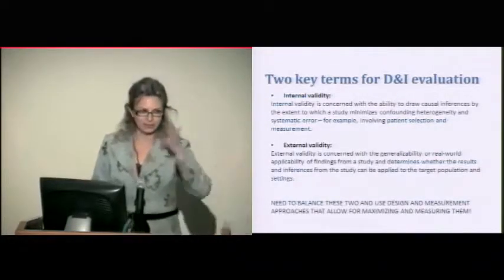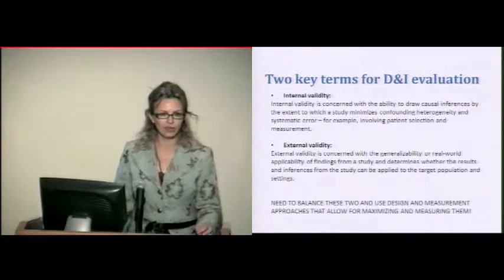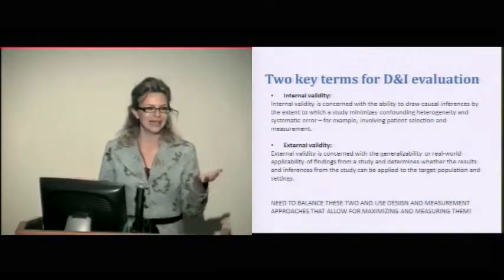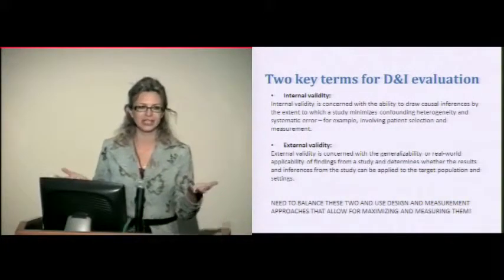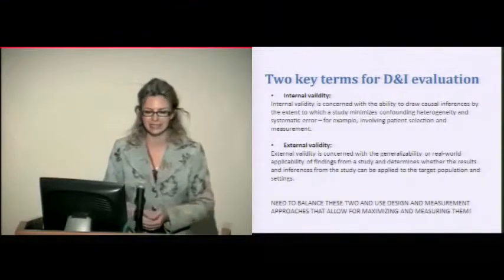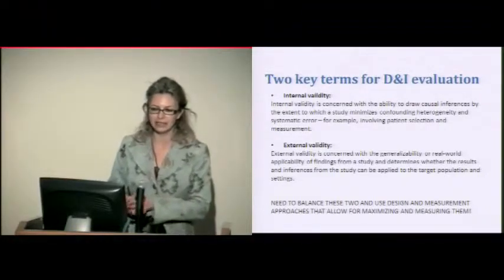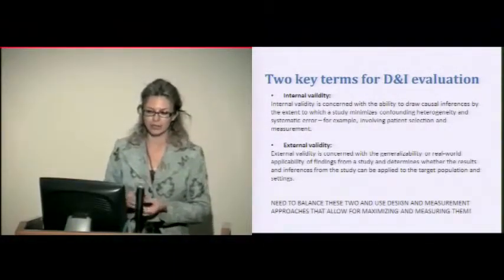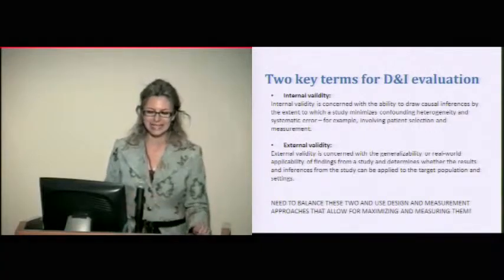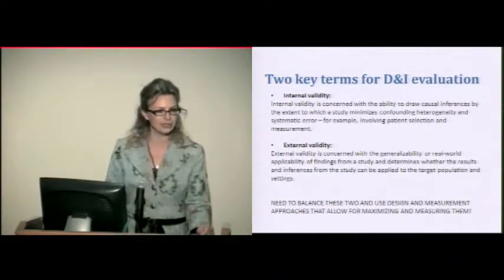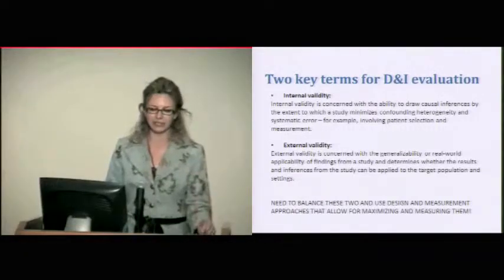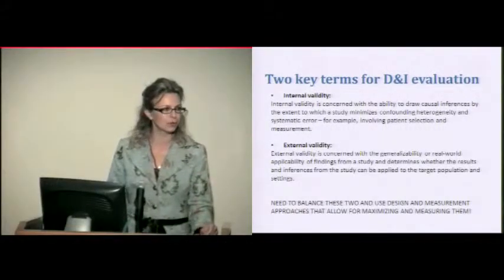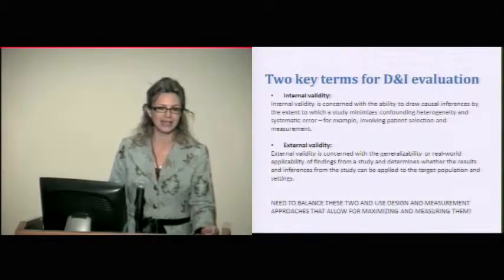So just to take a different spin on this and remind all of us of this existing tension between internal and external validity in study design. Internal validity being the ability to draw causal inference by the extent to which a study minimizes confounding. And then thinking of external validity, it's the generalizability or real-world applicability of the findings.